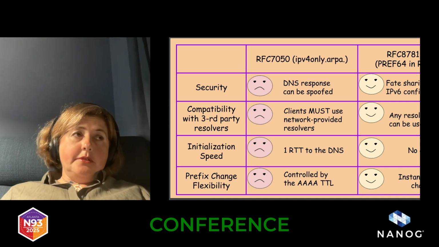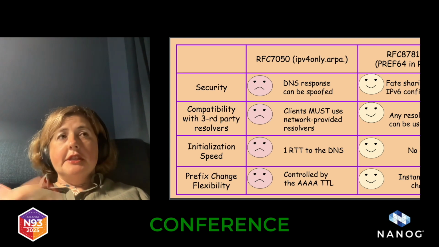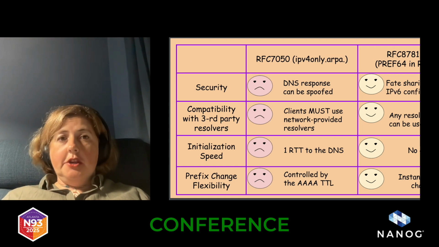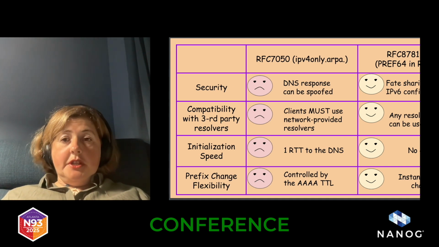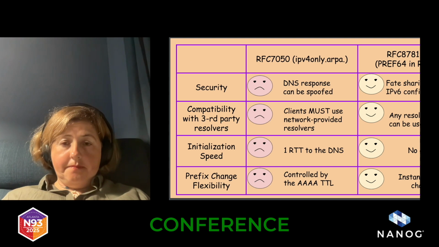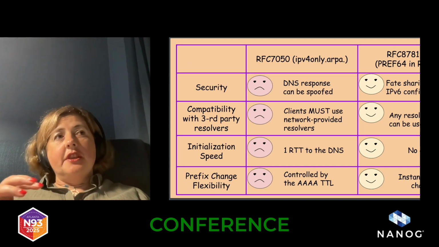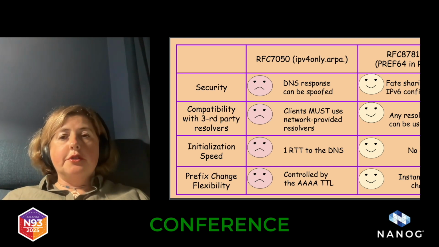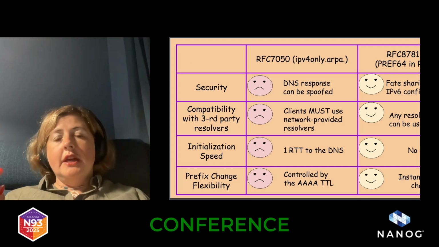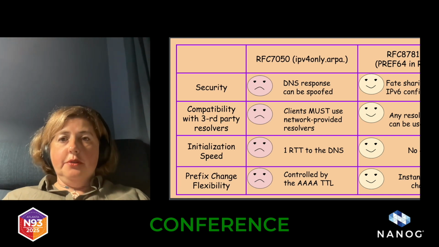Compatibility with third-party resolvers: again, it's getting more and more important as more and more applications try to use application-specific resolvers. If you're using 7050, your clients must use network provider resolvers, at least to resolve IPv4only.arpa. There is a recommendation that if you have third-party resolvers configured, you always need to use network provided resolvers just for resolving IPv4only.arpa, but I have not seen any implementations which actually do that.